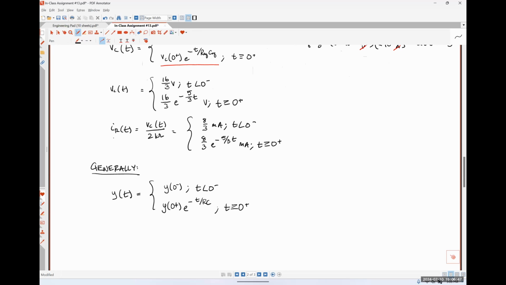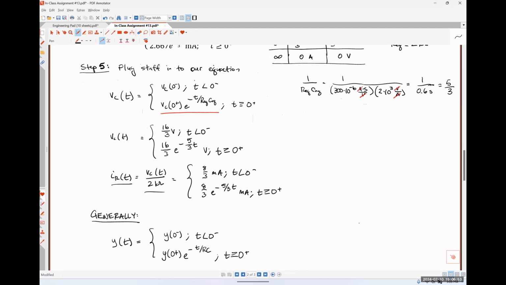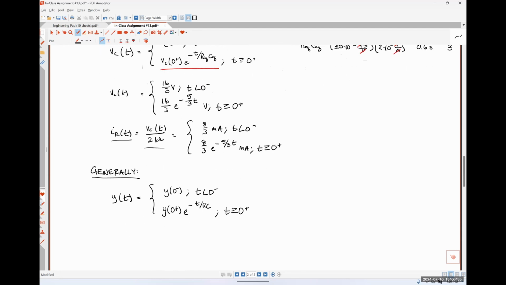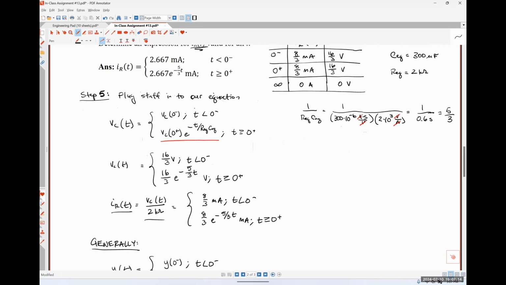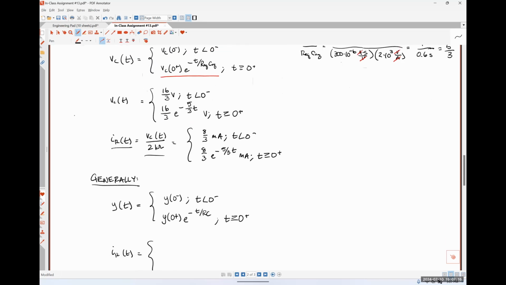So like right here, when we found IR of t using Ohm's law, let's see what happens if we literally just use the information from the table and plug stuff into this generic form. So IR of t. What was IR at 0 minus? Scroll up so you guys see it. 8/3. 8/3 of a milliamp.